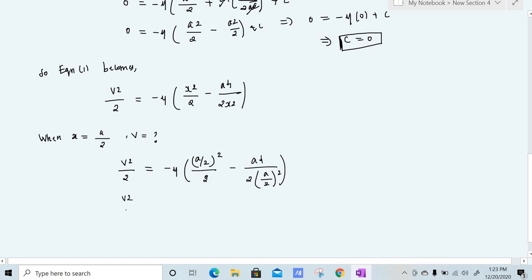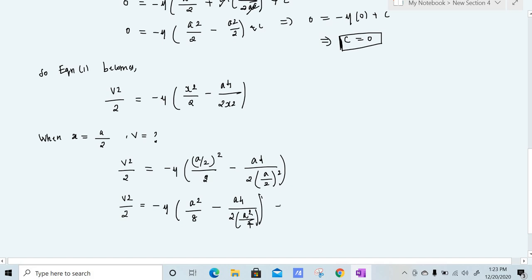So this will be v square by 2 is equal to minus mu into a square by 4, this will be a square divided by 8 minus a power 4 divided by, and this will be 2 into a square divided by 4.